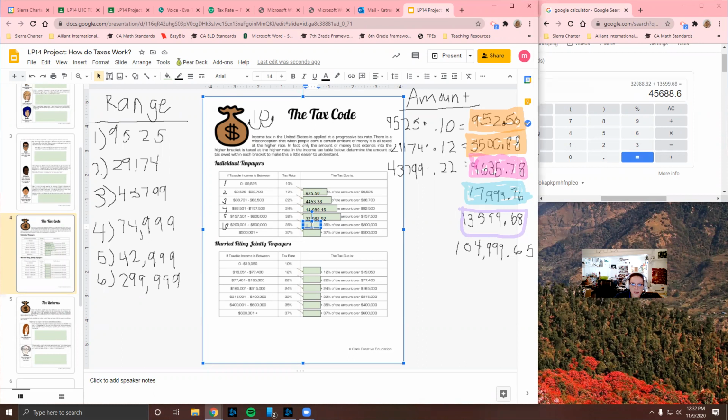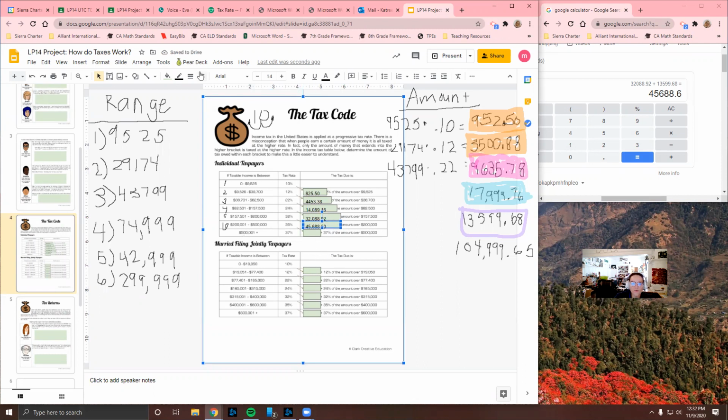That means if you're in this tax bracket, you're going to be paying at least $45,688.60. Make sure that you always put the second decimal point there when we talk about money. Stretch your box out.